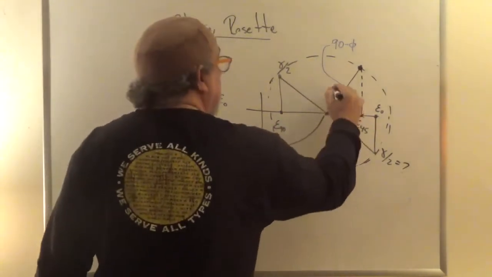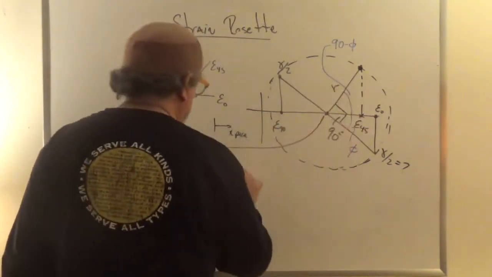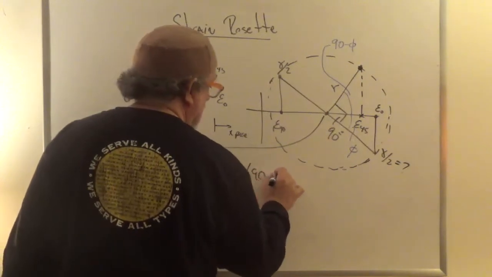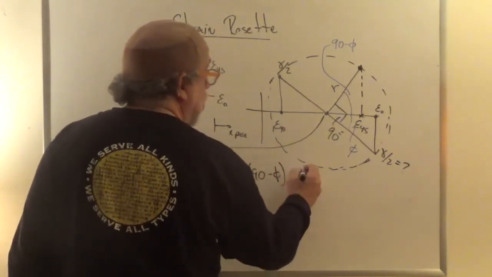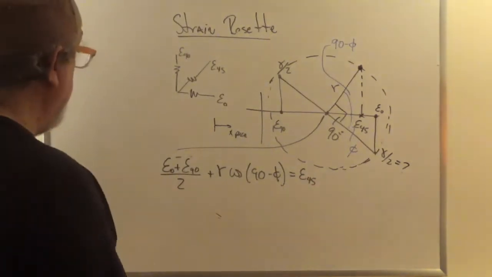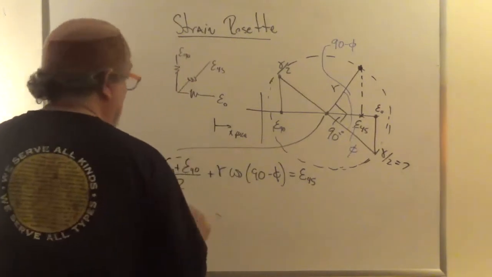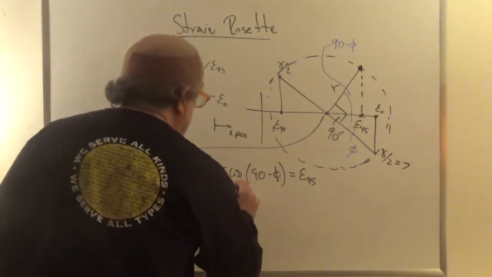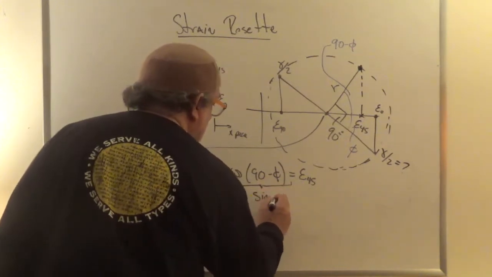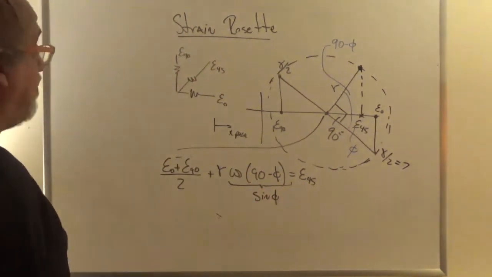So if we add, this is the radius r, so if we add the radius r times the cosine of 90 minus phi, that will be E45, right? Now it turns out that the cosine of 90 minus phi is the same as the sine of phi. Okay, cosine of 90 minus phi is the same as the sine of phi.